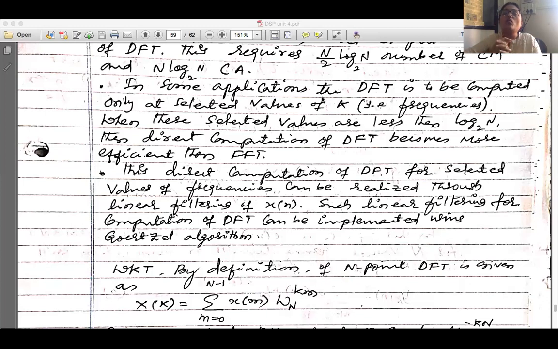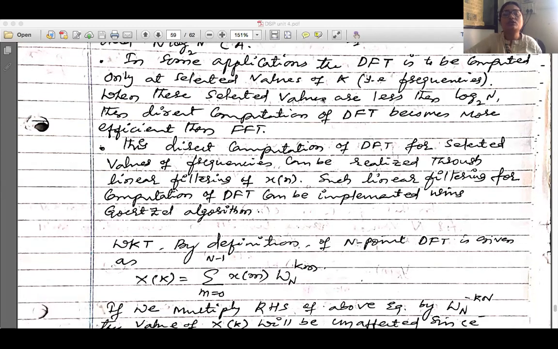In order to avoid this, in order to calculate selected DFT values, instead of using the DIF and DIT algorithms, the algorithm developed is called the Goertzel algorithm. This Goertzel algorithm is specifically used when you want to find selected DFT values only. For that purpose, the algorithm is being used.